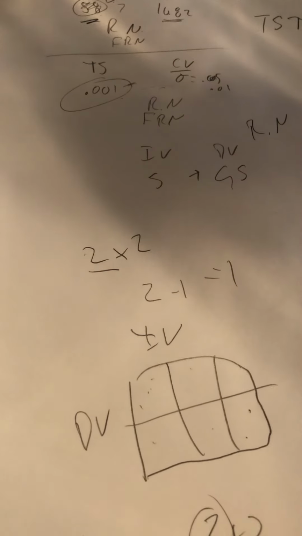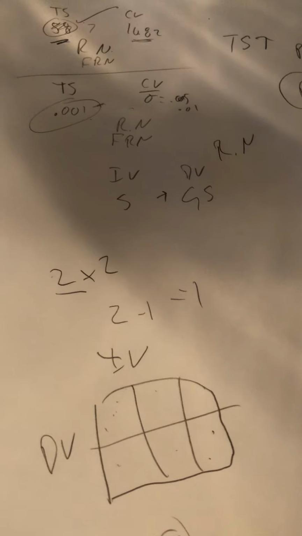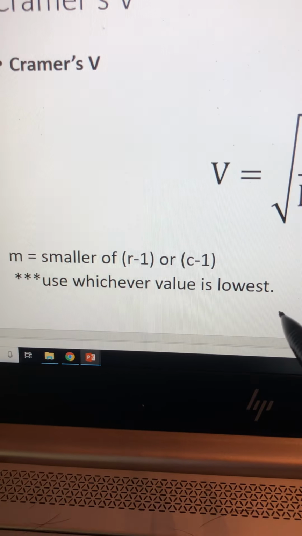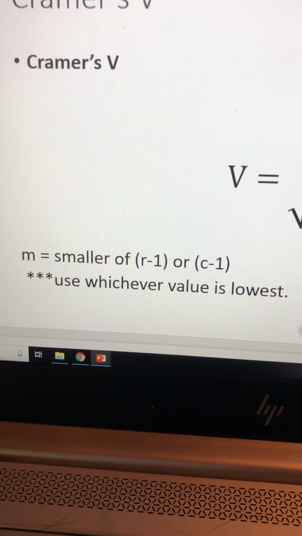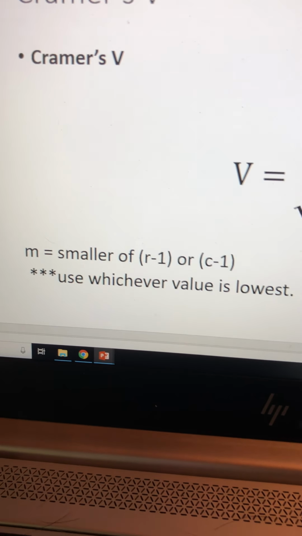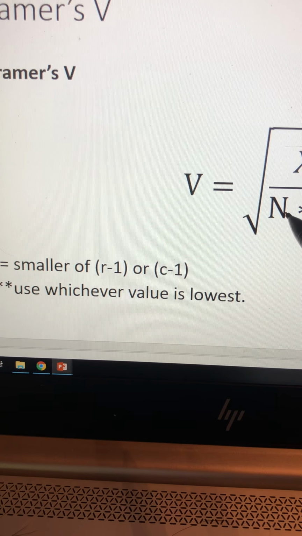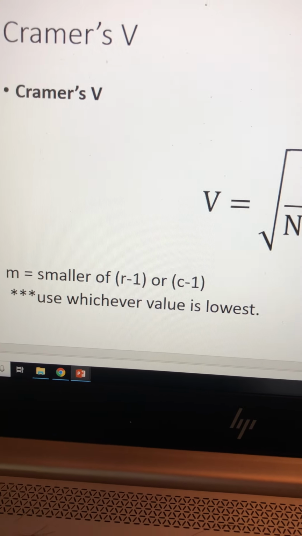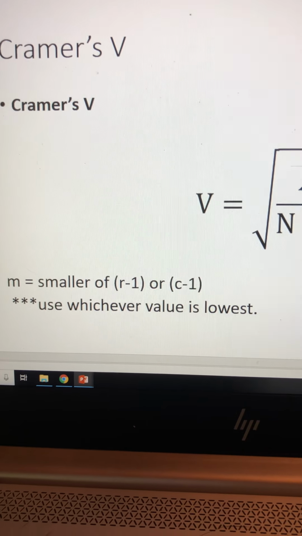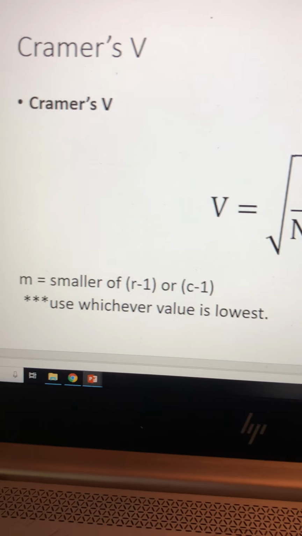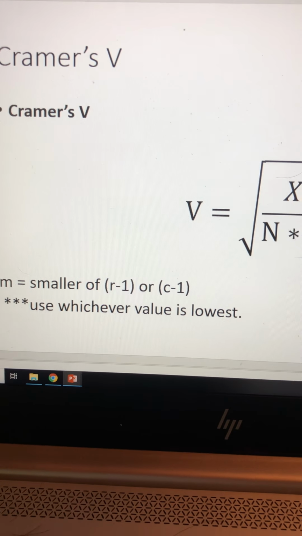I think I said 3 before, but always take the smaller of the 2. Whichever value is the lowest, okay? So 3 minus 1 is 2. 2 minus 1 is 1. We take the lowest value, 1. Plug this in here, multiply it by the sample size, and divide the chi-squared value into that and take the square root, and that'll give you the Cramer's V. It's really, really straightforward. So let's go back to our example before.